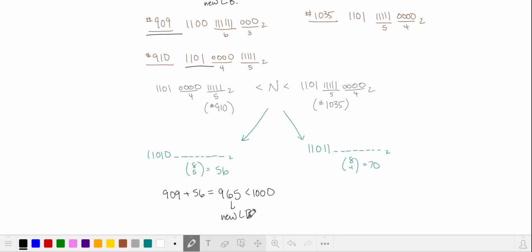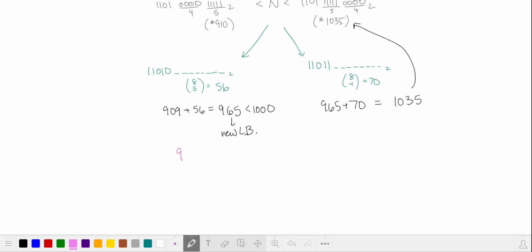This is our new lower bound. And we already know that when we add on these 70 additional numbers, we'll get 1035, as we saw before. So again, our 965th number begins with 11010, and then we put all 5 of the remaining ones here, followed by 3 more zeros. And the 966th number bumps up a 1, replacing it with 4 zeros and 4 ones.